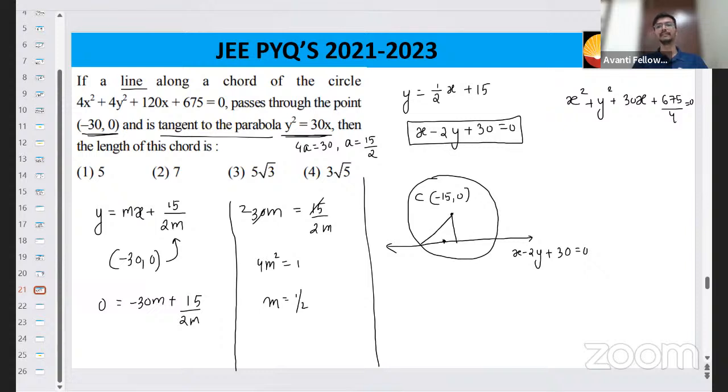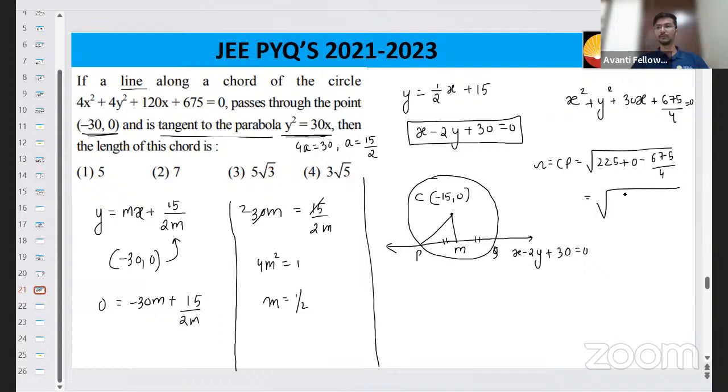We have to find the length of the chord. Now we know that the perpendicular drop from the center to the chord bisects the chord. We want the length of PQ. Now the radius is equal to CP, which is under root of g square plus f square minus c, so 675 by 4.